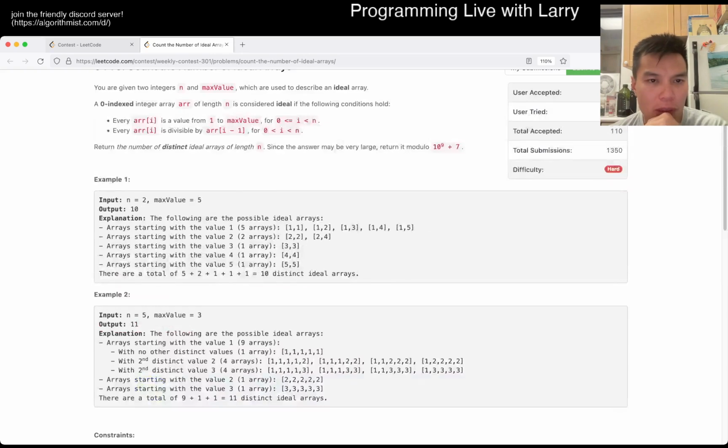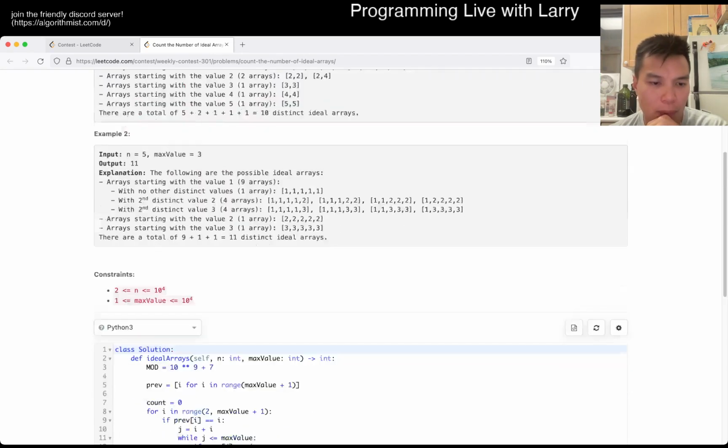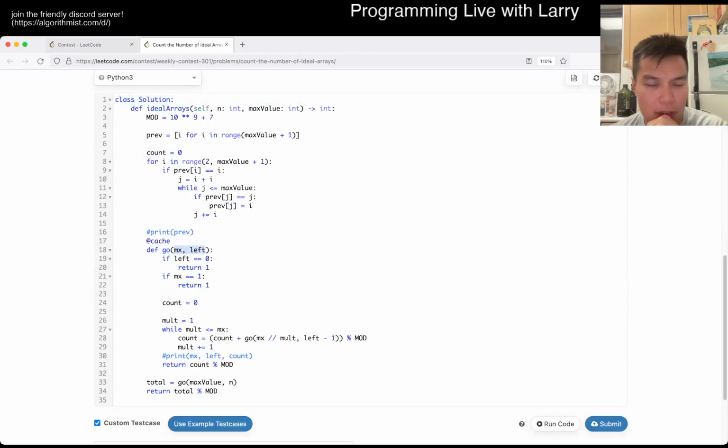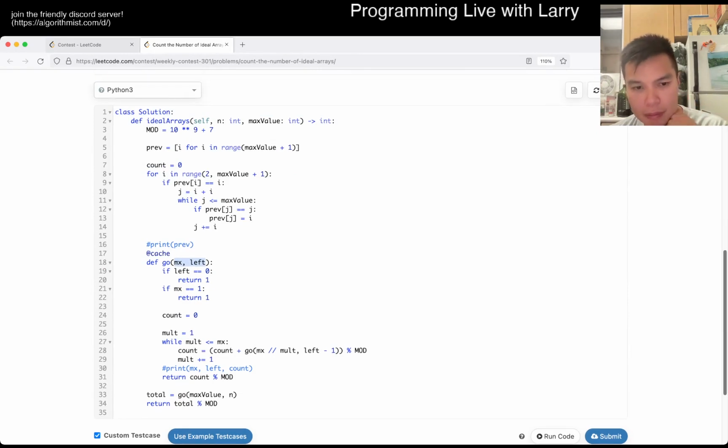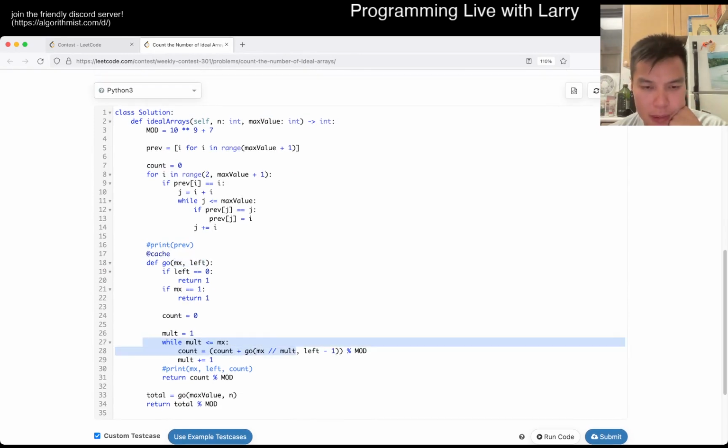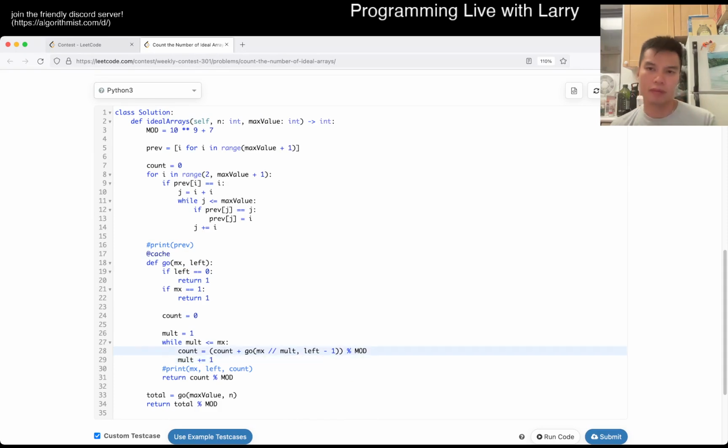But I don't know how to do it without keeping track of both these things. I can make this loop faster, but take the log.